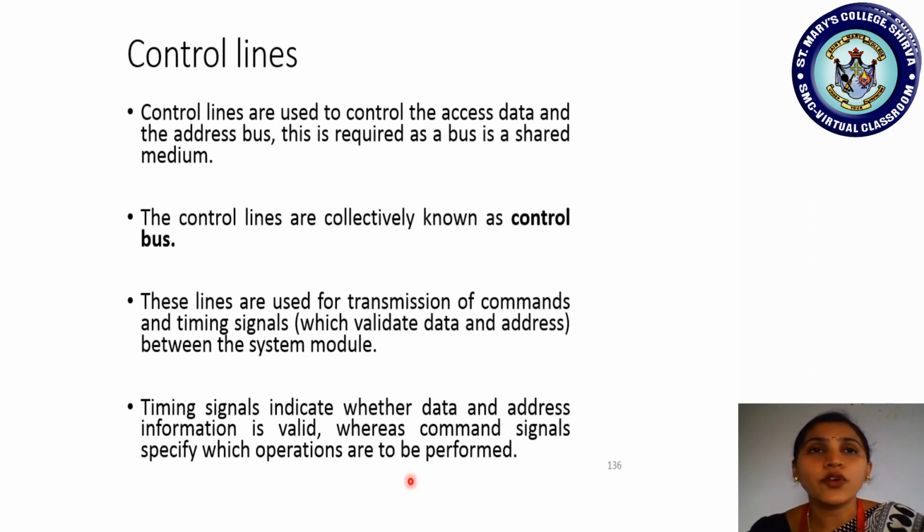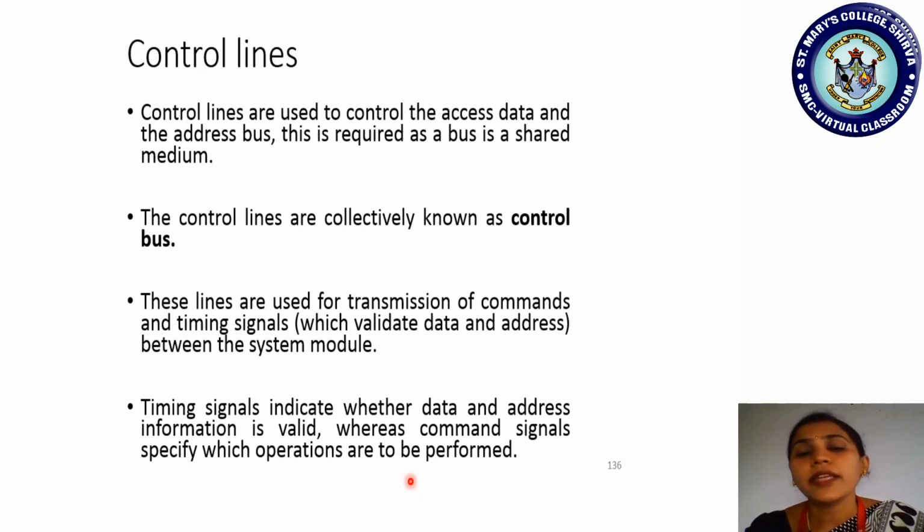Control lines check whether the data is accessed by a properly authorized party, and whether the appropriate addresses are given when fetching data. All of this is monitored and controlled by the control lines, which are collectively known as the control bus. These lines are used for transmission of commands and timing signals.